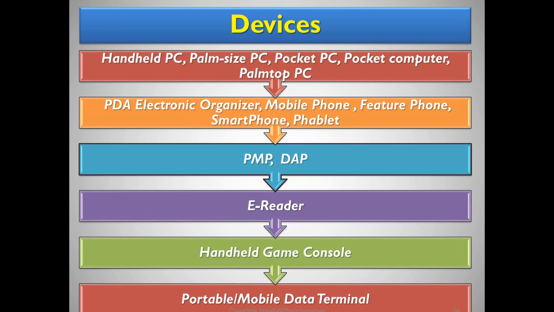We have handheld game consoles, portable media players, ultra-mobile PCs, digital media players, digital still cameras, and of course the smartphones and feature phones and pagers. We used to have them, but some people still use them. Also, we have the PNDs, which are personal navigation devices. We have smart cards. They are all mobile.